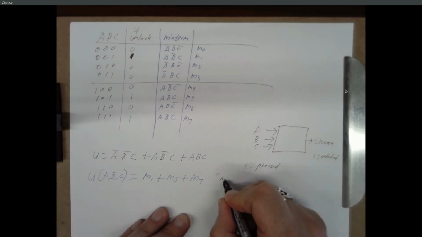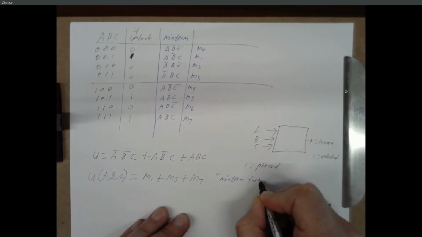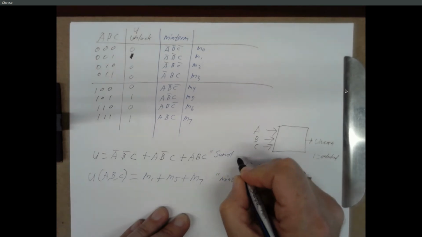So this is called minterm form. This is called sum of products.